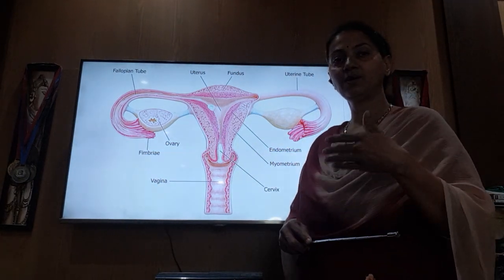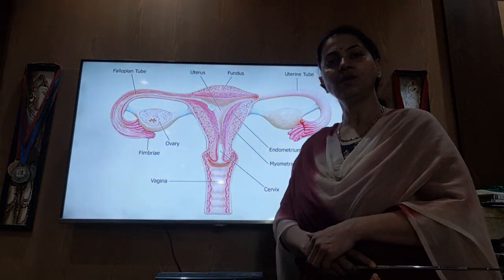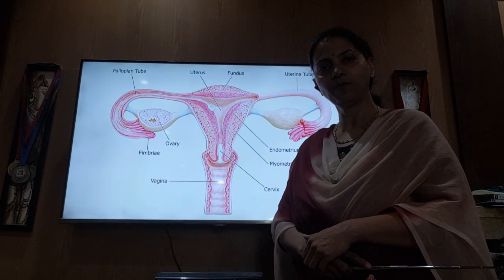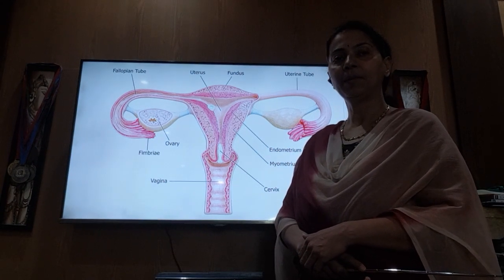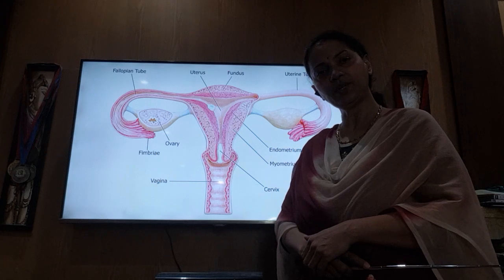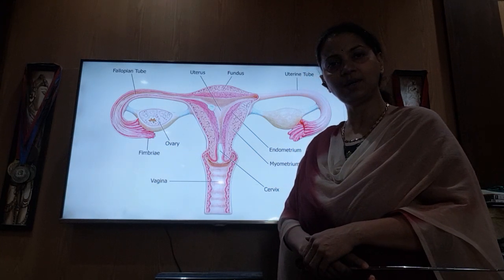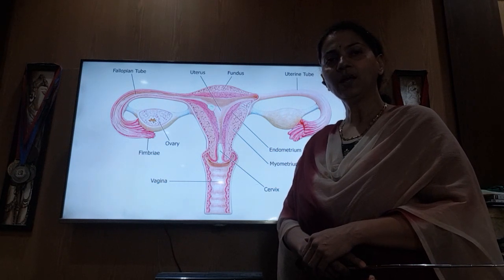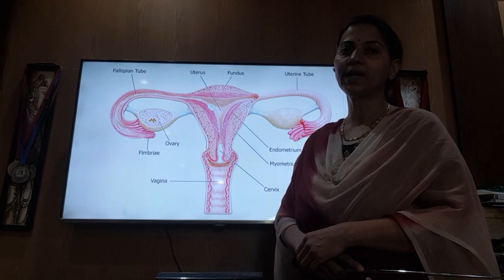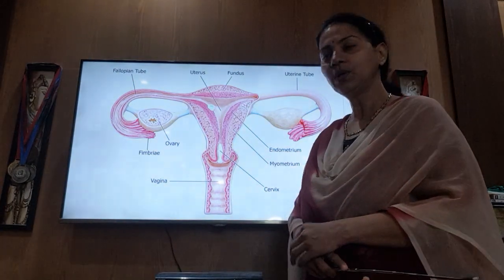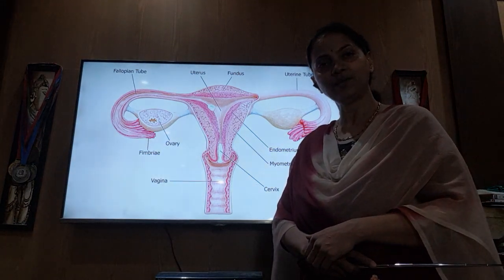It will increase in number and thickness when the estrogen cycle is going on, means 14 days before ovulation. But after ovulation, progesterone takes over. From the corpus luteum, progesterone is being secreted. So progesterone will increase the secretions of the uterine glands, and so the second phase is called the secretory phase.